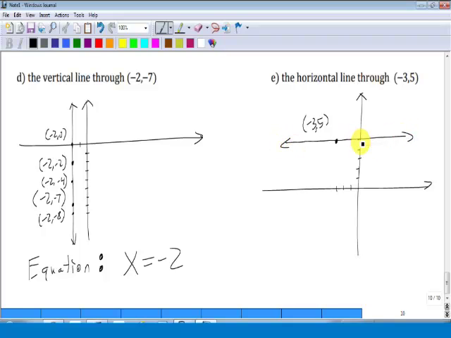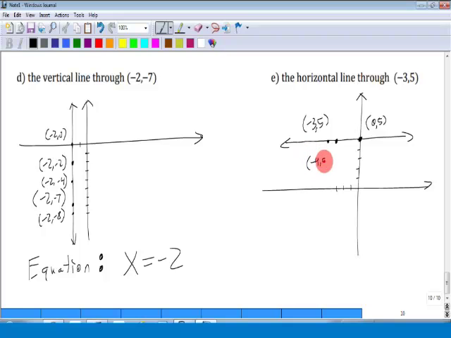So it looks like this, and definitely includes the point 0, 5. We could actually use either the slope-intercept form or the point-slope form for this if we wanted to. Do we want to? No. Just a few more, because it has a slope, right? The slope is 0, but we don't have to use that if we don't want to.